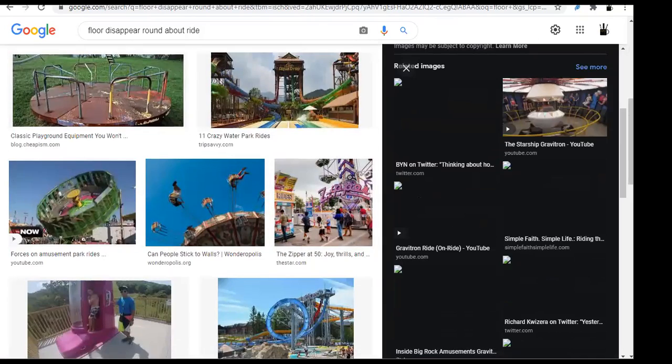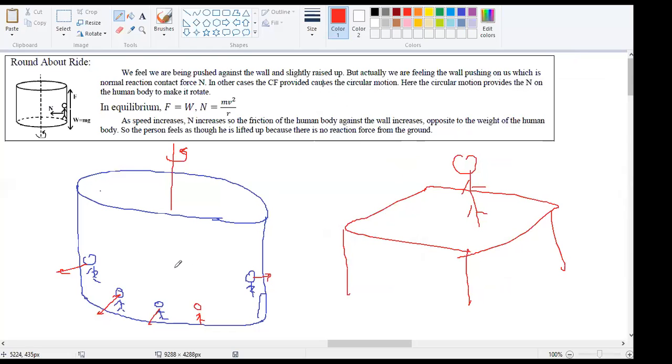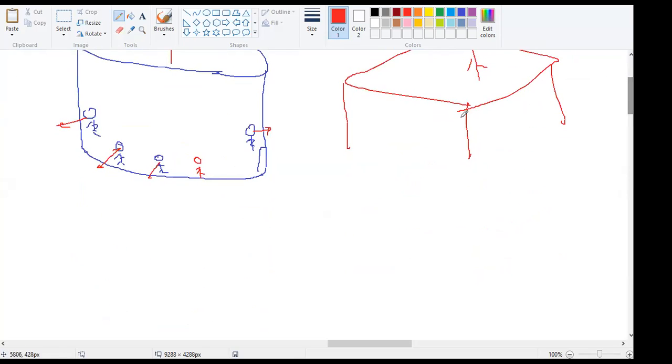So let's come back to the theory. What's happening here is our entire body is going around a circle. Whenever there is circular motion, there is a centripetal force. To go around a circle at a particular speed, there is a normal reaction. I told you there is always something called pseudo force.